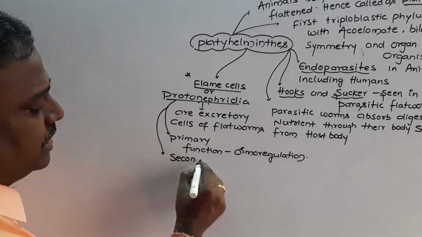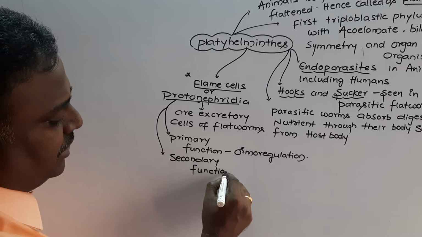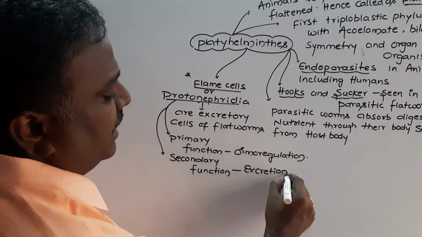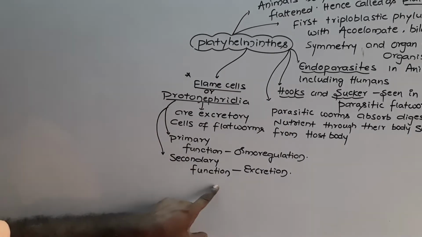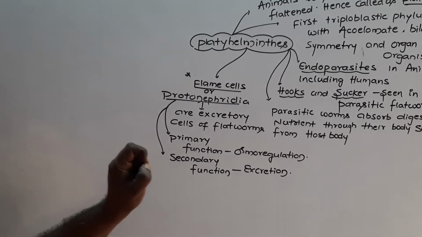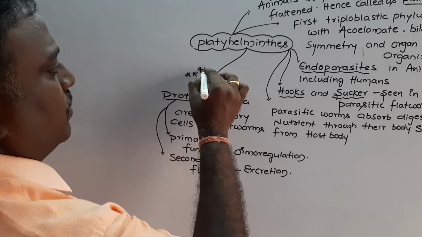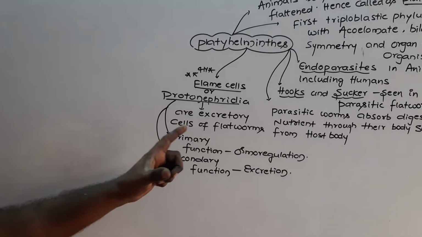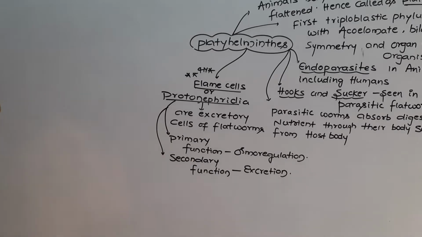The secondary function is removal of waste, which is called excretion. The secondary function is excretion, one of the most important ones. So flame cells, very important for NEET, otherwise called protonephridia, are the excretory cells of flatworms, whose primary function is osmoregulation and secondary function is excretion.